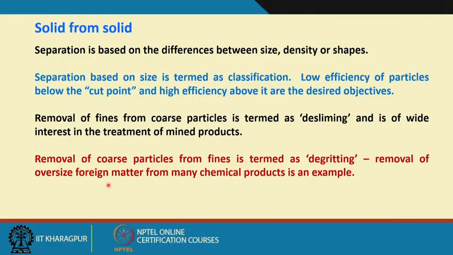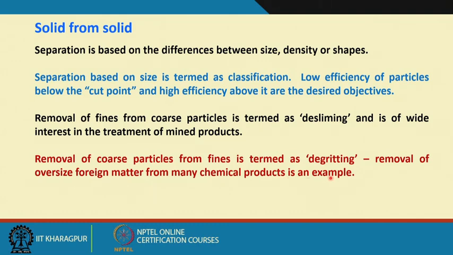Many times I want to have a size product, say from 100 micrometer to 50 micrometer, and you have a few particles which are even coarser than 500 micrometers. There also we can use this cyclone, and when it is used for that we call it degritting. So, removal of oversized foreign matter from many chemical products is an example.